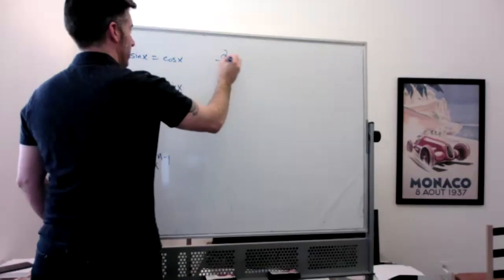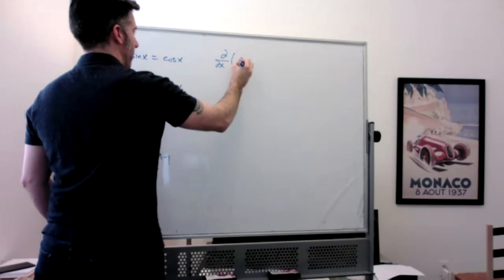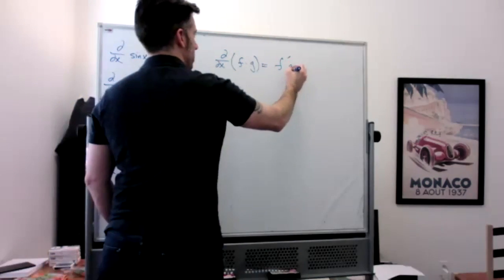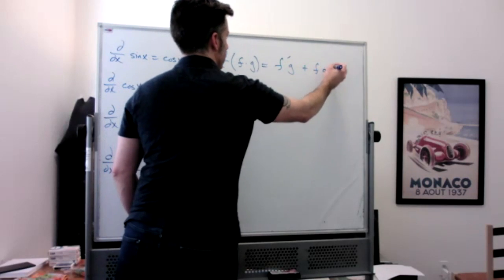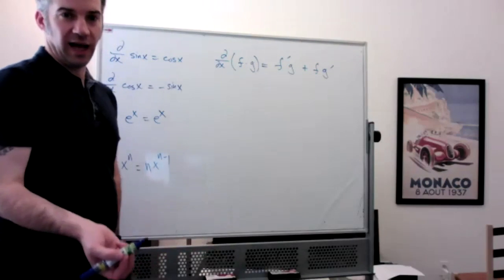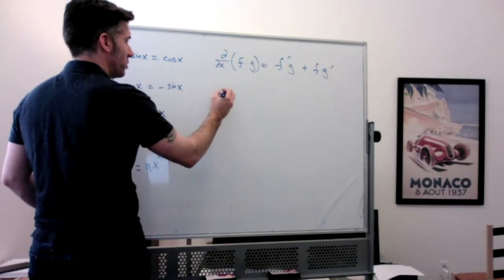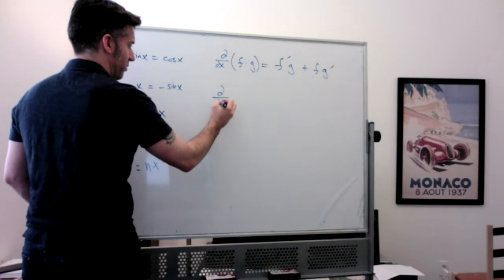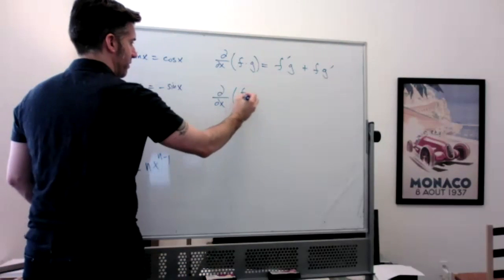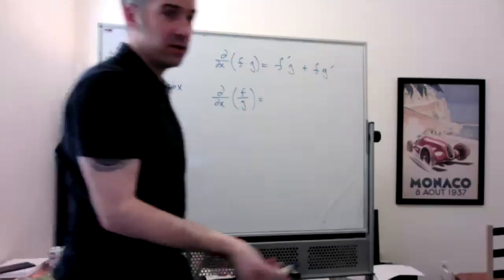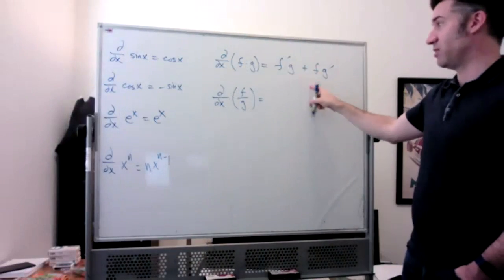You take the derivative of f times g, it's equal to f prime g plus f g prime. And I don't think we talked about it last time, but I imagine you talked about it in your classes. You also have the quotient rule, which is that the derivative of f divided by g is very similar to the product rule in the numerator. It's just the same thing, but with subtraction.